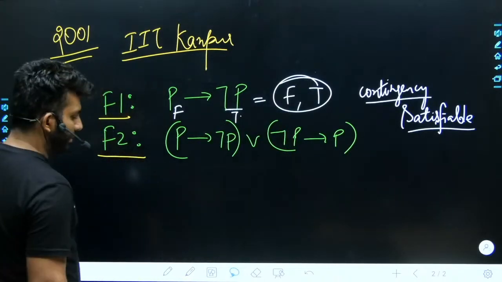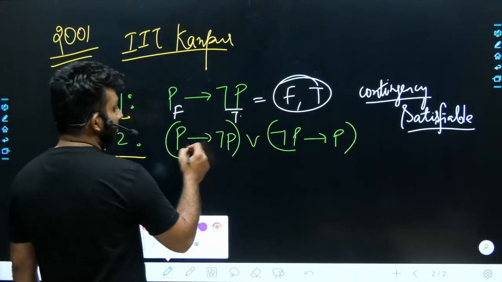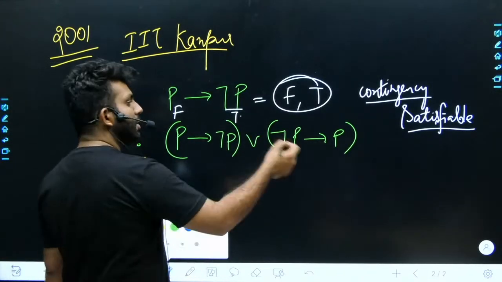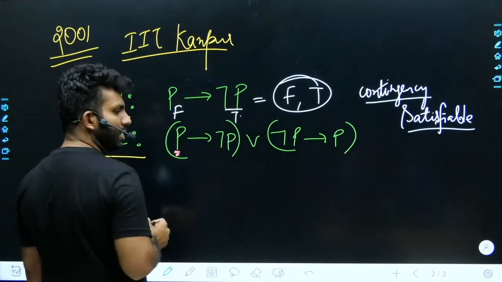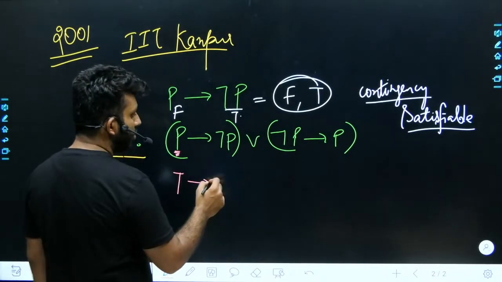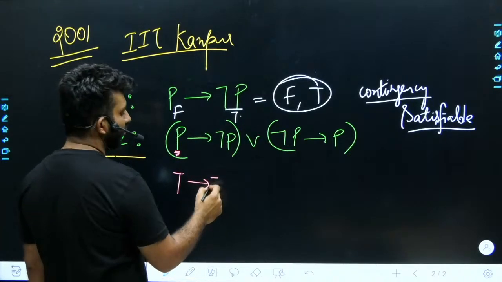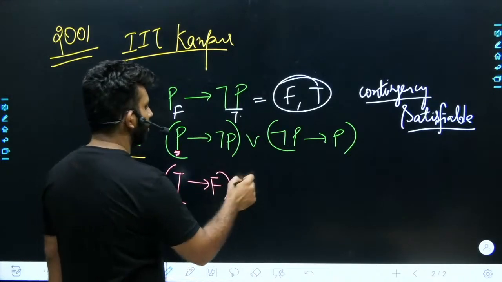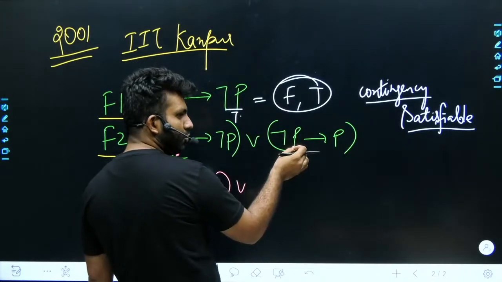We have this over here. What is it? P implies not P, or not P implies P. If I look at this carefully, let's say P is true. True implies not of P. If P was true, not of true will be false.